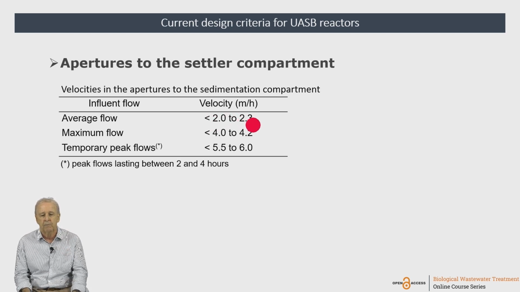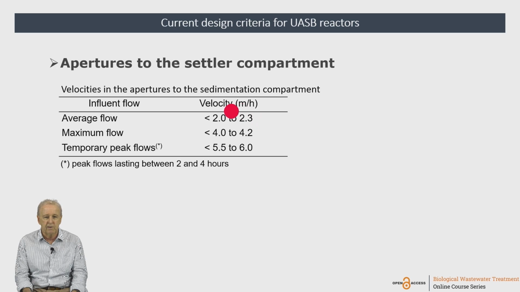Again, comparing with the upflow velocity in the digestion compartment, that was 0.5 to 0.7, we see here that the velocity through the apertures is around 4 times more than the upflow velocity in the digestion compartment.